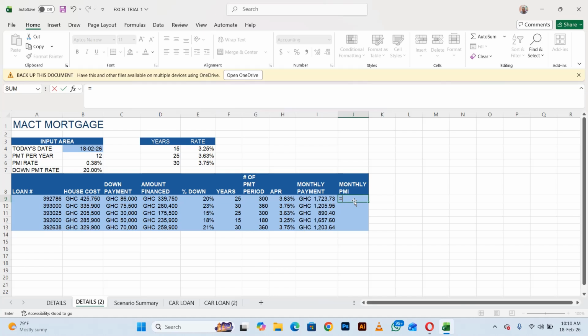So we are only charging those who pay less than 20% down payment, which has been stated in B7, meaning you have to pay this 0.38%.